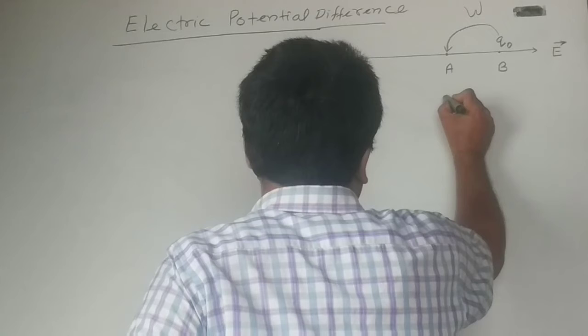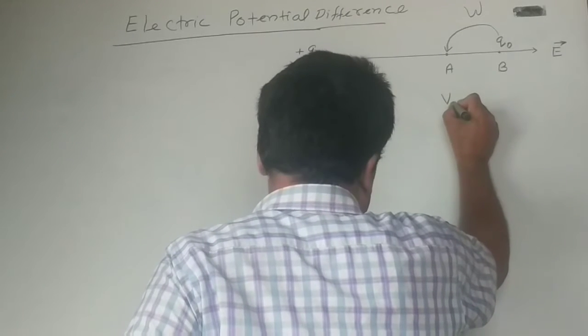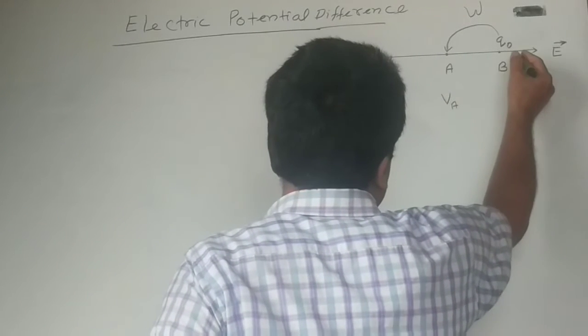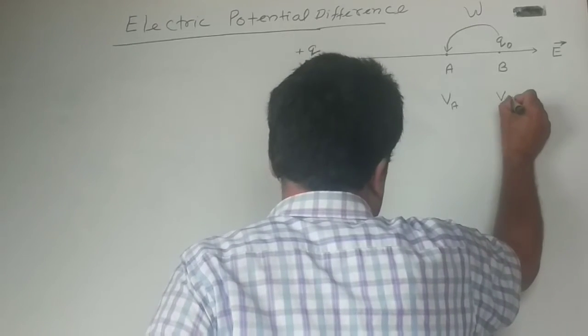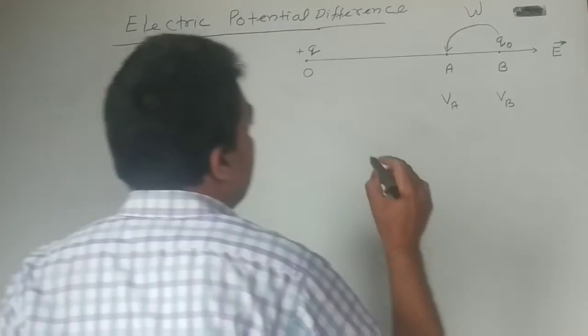at point A, potential is denoted by VA, while at point B, potential is denoted by VB.